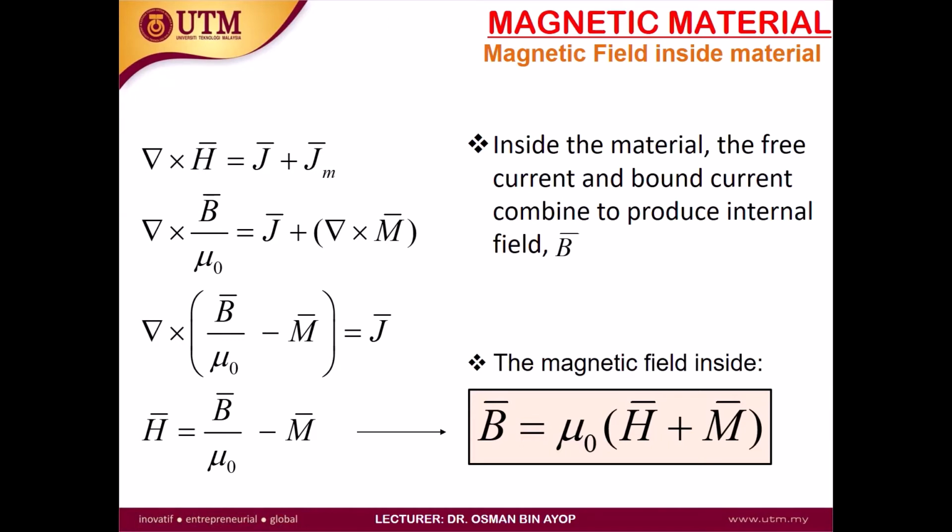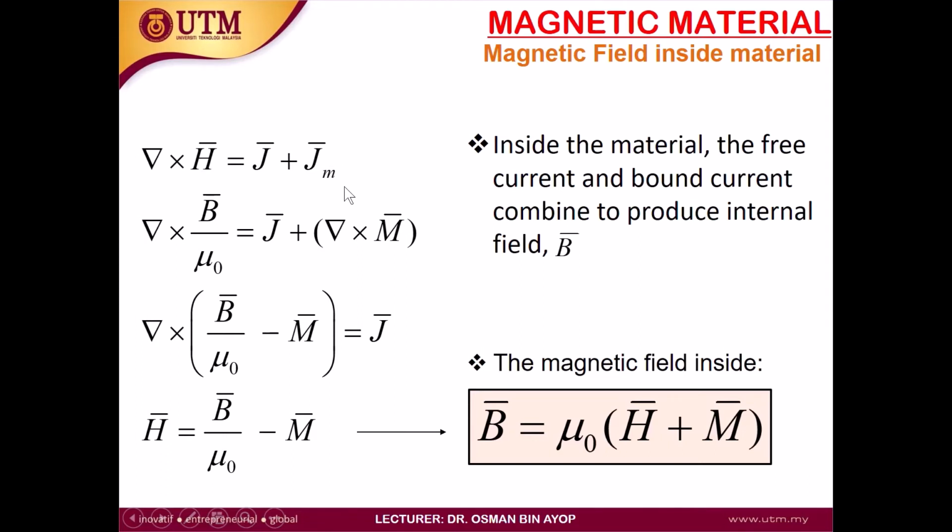Let's see further analysis on the magnetic field inside the magnetic material. Originally, we have curl H equal to J. This is the original Maxwell equation. For the magnetic material, we have to add another term, Jm, the bound magnetic current density.